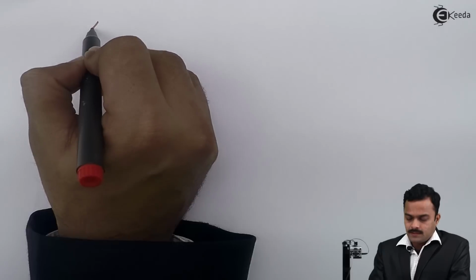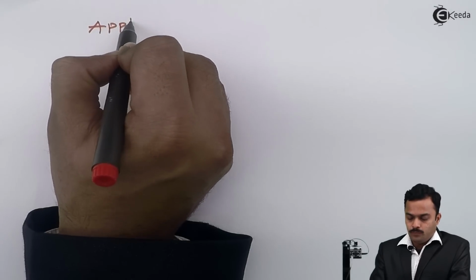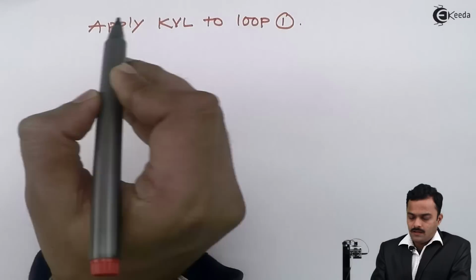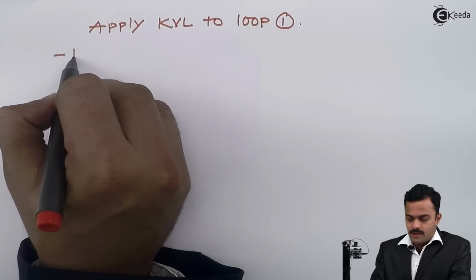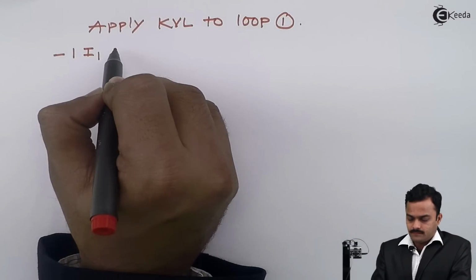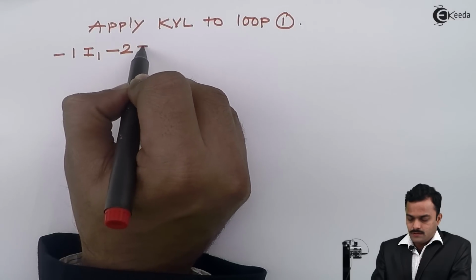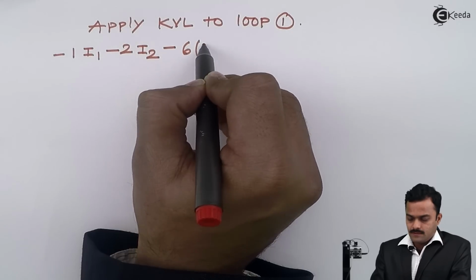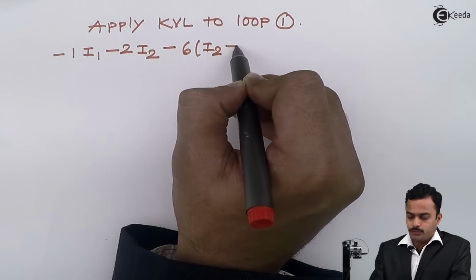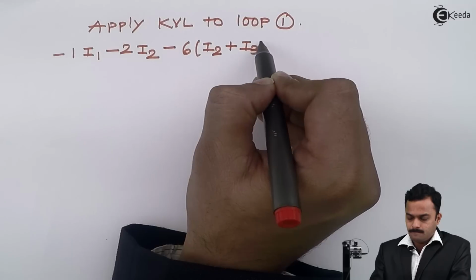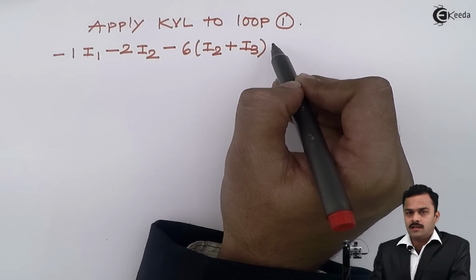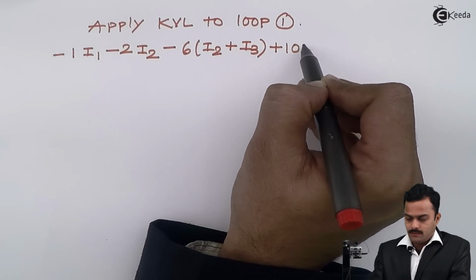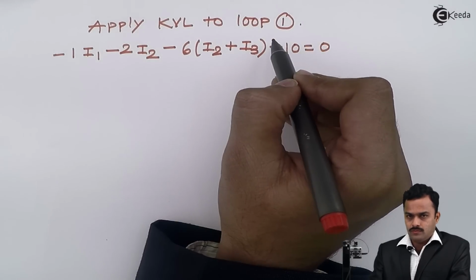So first let's apply KVL to loop 1. So I will get minus 1 I1 minus 2 I2 minus 6, current flowing through the 6 ohm is I2 plus I3, and potential difference for a battery is plus 10 equal to 0.